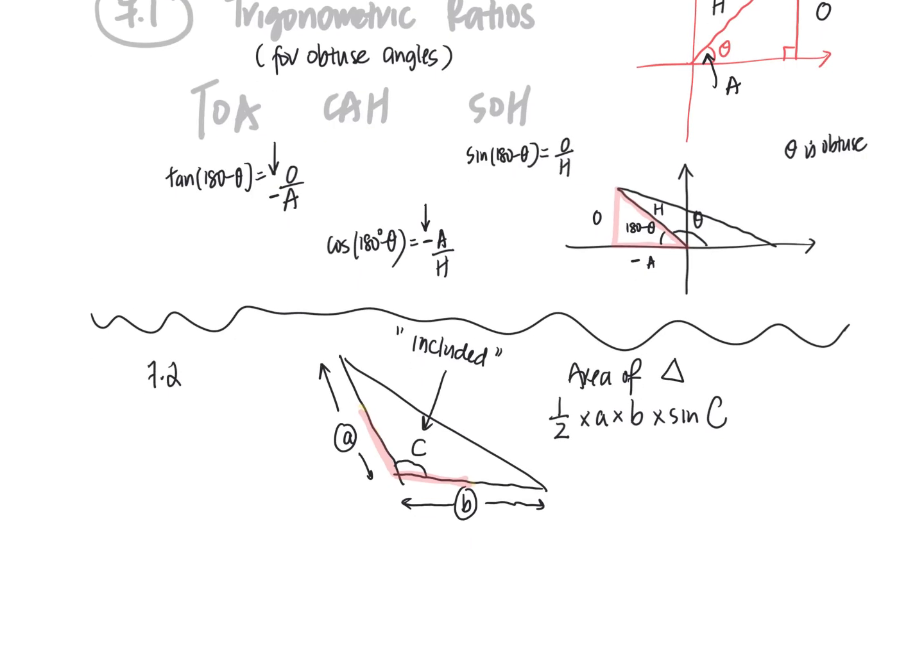So even if I switch sides, I say this length is C, and this angle here is B, you can also find it by using half times the two adjacent sides and then sine of the angle in between them. The formula can change, the letters can change, but it is always the letter V. So that is 7.2 area of triangle.